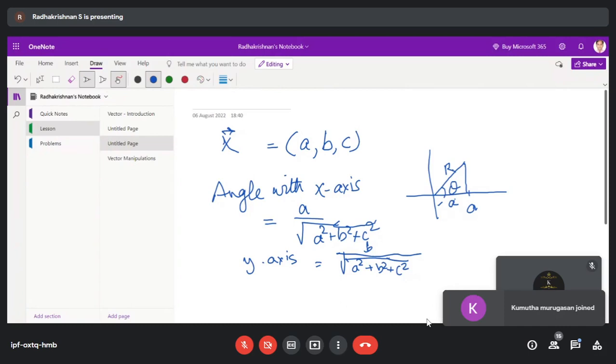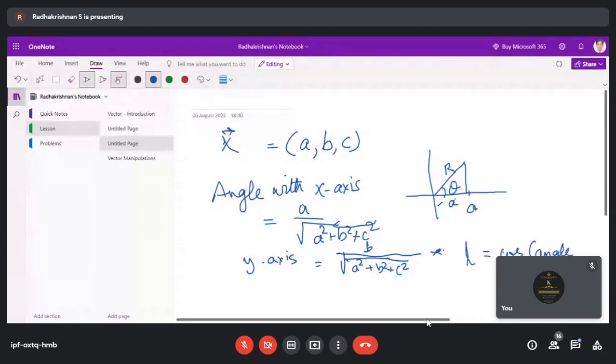So we represent these three angles as, let us say, l equal to cos of the angle with the x-axis.